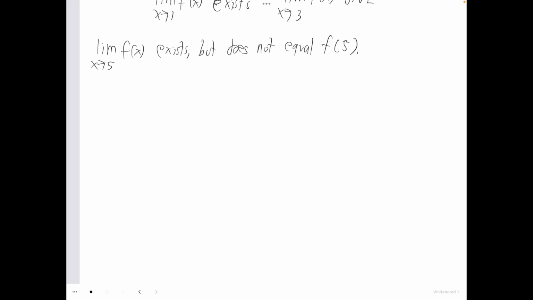So now let's look at a formula and check for continuity in that case. And so if we look at the following example, we're going to look at f of x equals the function x squared plus 5x minus 7 divided by x plus 3. And so notice in this function that f of negative 3 does not exist.